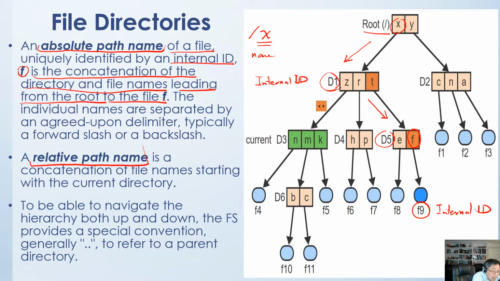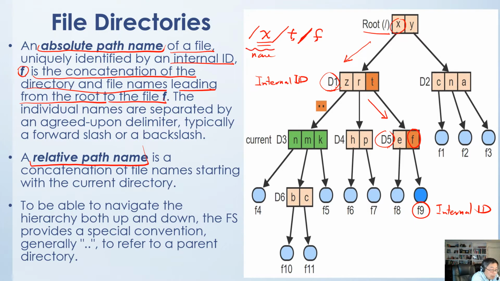So then from D1, you're going to access D5, represented by the T. Then you need to actually use the / to separate these file names. So X represents directory D1, T represents directory D5, and then F is actually under the T, so you can put the F here, separated by / again.